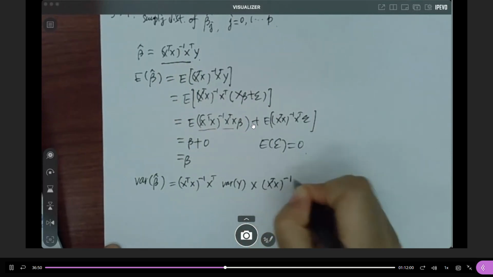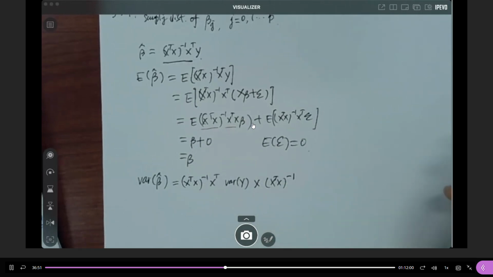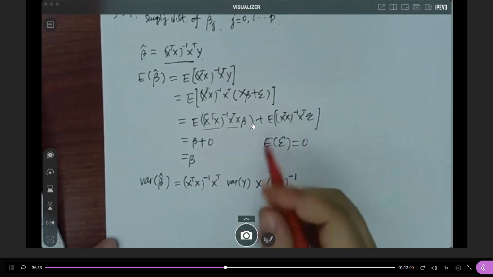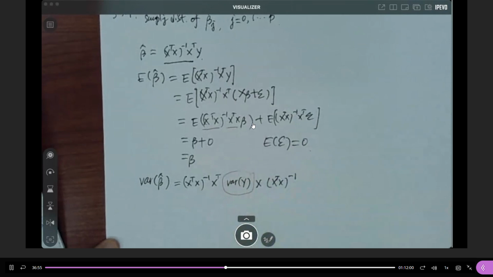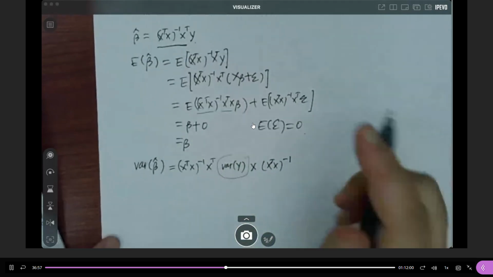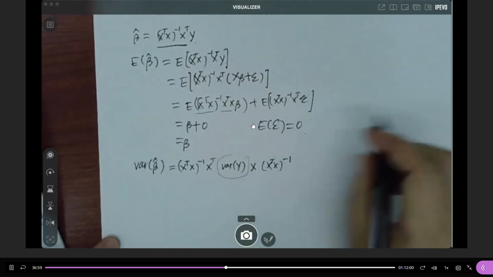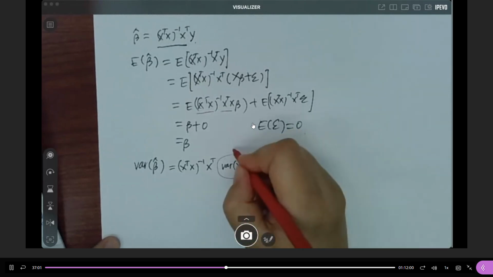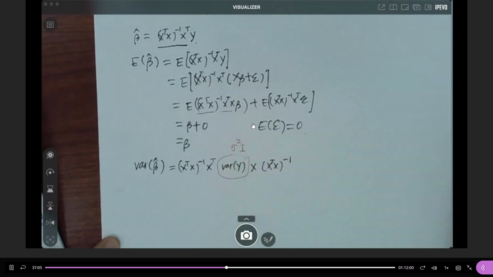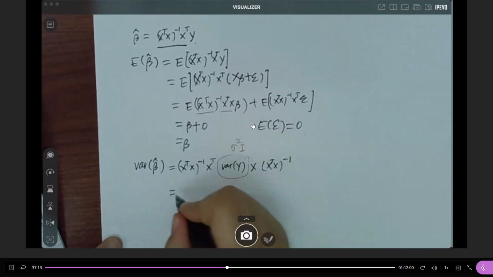Basically, you get X transpose X inverse. So what is variance of y? Y is a vector, so variance of y is a matrix. Variance of y equals sigma squared multiplied by I. The off diagonal is 0 for the same reason, because each y is independent.